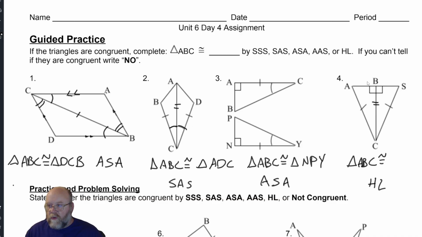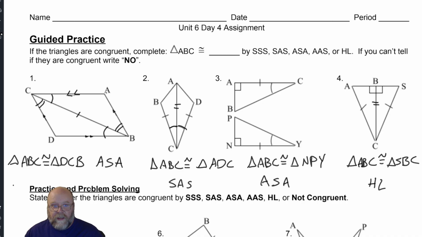A corresponds to S. B and B, the right angles are congruent. And then C is with C. So ABC is congruent to triangle SBC. Okay, watch out for that SSA. But if you got the HL, remember that's the good one.